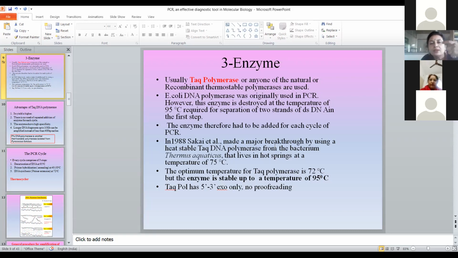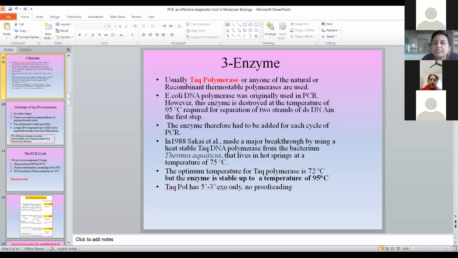Thermus aquaticus. This organism was isolated from hot springs. This organism lives in water, rather, it is found in water having a temperature of 75 degrees Celsius. So the optimum temperature for Taq polymerase is 72, but the enzyme remains stable at 95 degrees Celsius also.